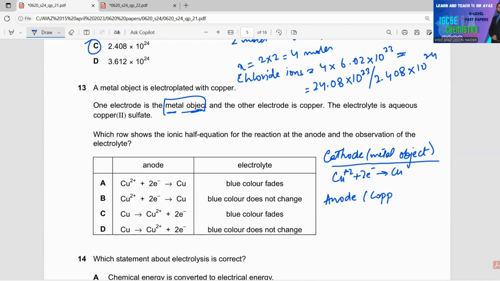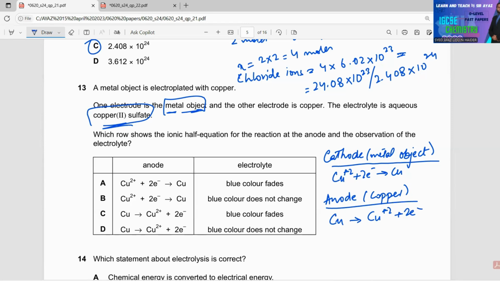Anode must be of copper. It's going to dissolve in order to compensate the loss of Cu2+ ions from copper(II) sulfate. So the copper anode will dissolve: Cu gives Cu2+ plus 2 electrons.